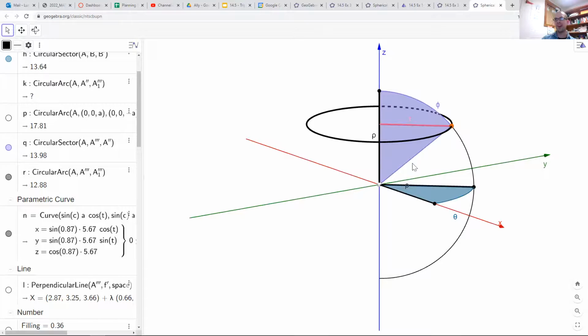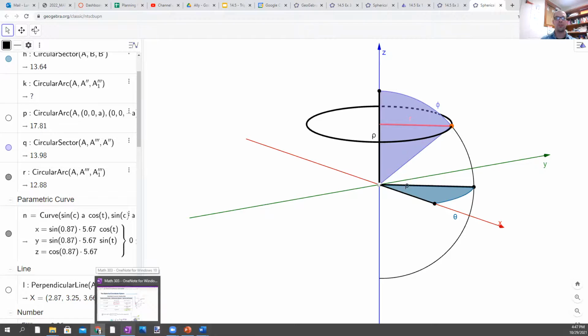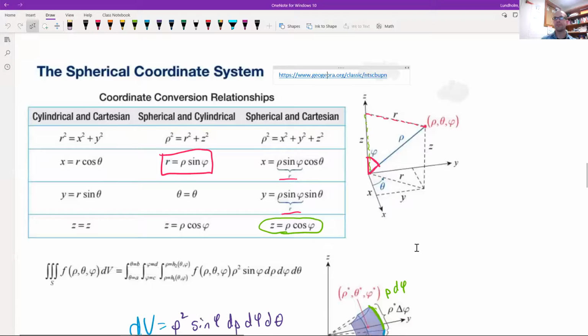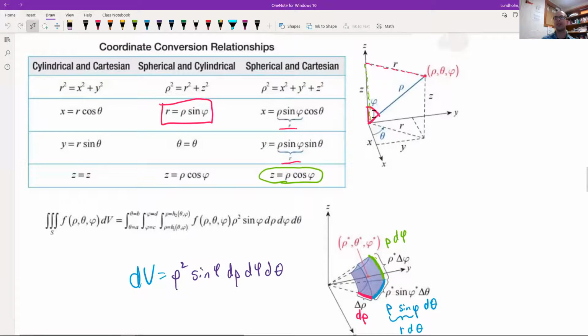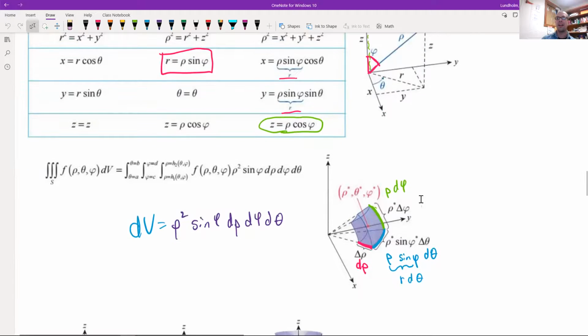If we're using phi as our angle, and we're saying the sine of phi is the opposite, r, over the hypotenuse, which is rho, we end up getting the relationship that r is rho times the sine of phi. So all together, we get the volume differential rho squared times sine phi times d rho d phi d theta.